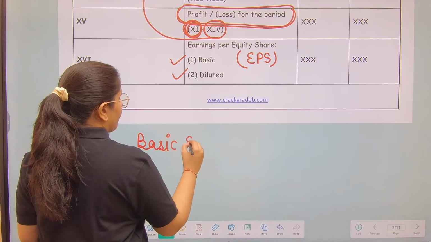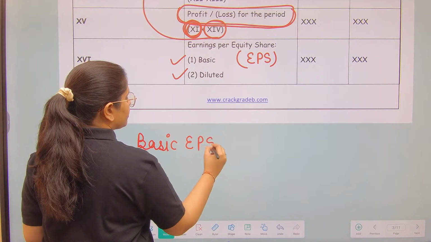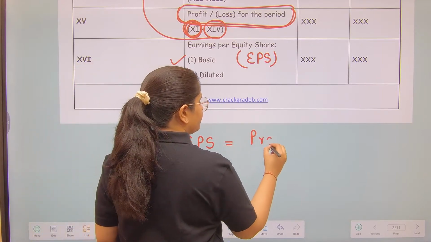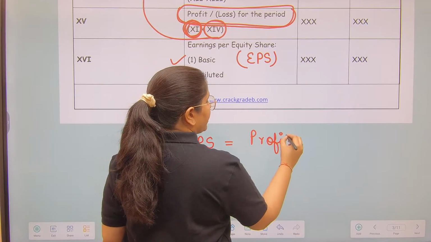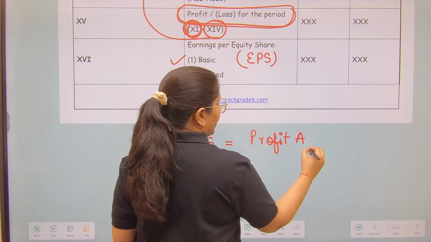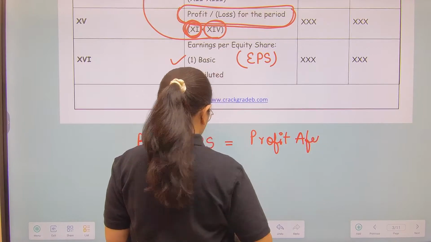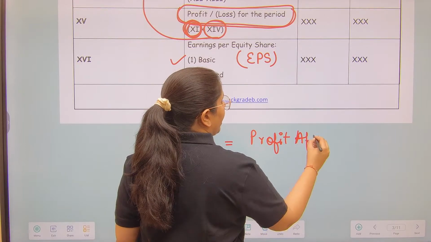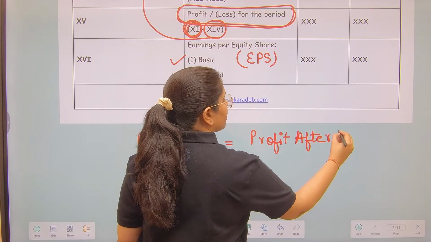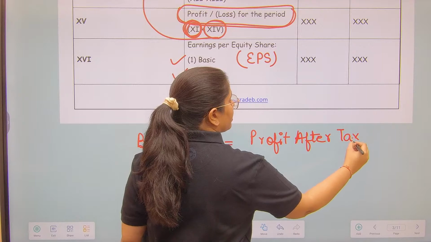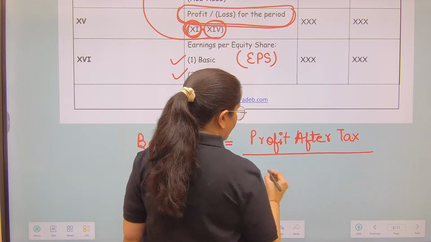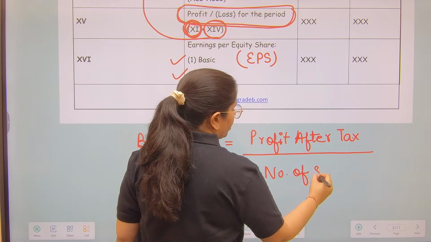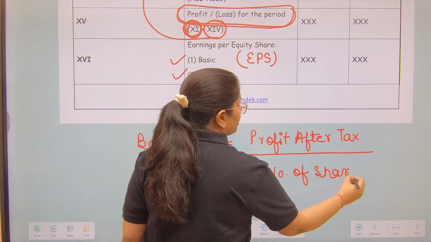So, basic EPS is equal to the profit after tax, the final profit that we have arrived at, divided by the number of shares that your company has issued.